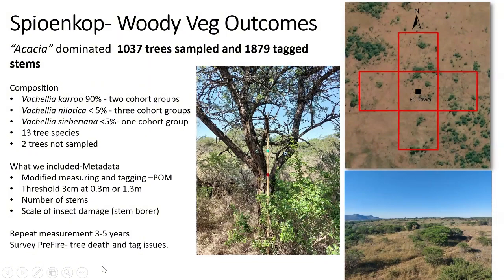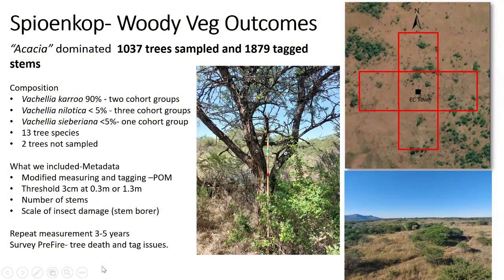They often came out in really good age groups. We understand that, especially for Acacia karroo, this is very much a recent encroachment in the landscape, while nilotica seems to be long present because there are significant older trees here. In total, there were only 13 trees present in our plot.